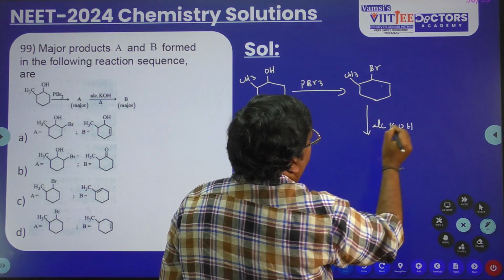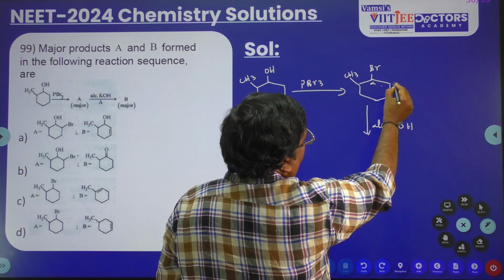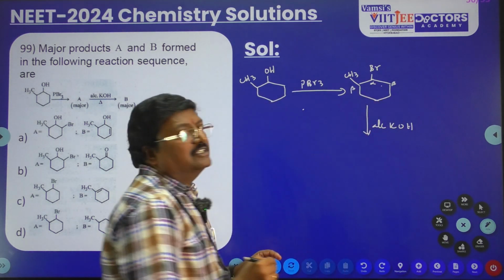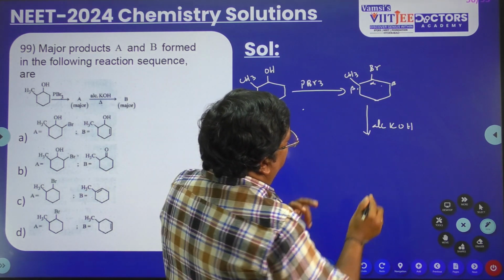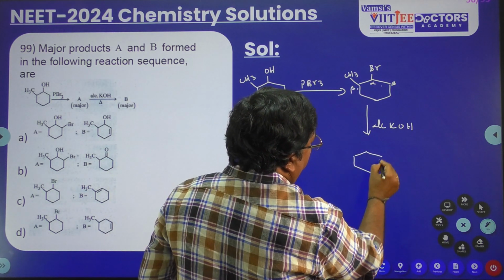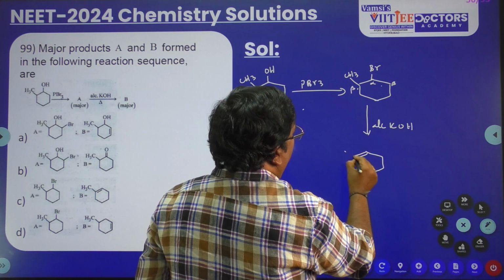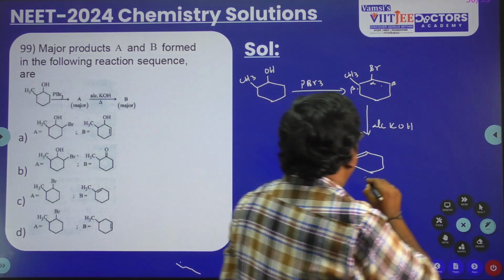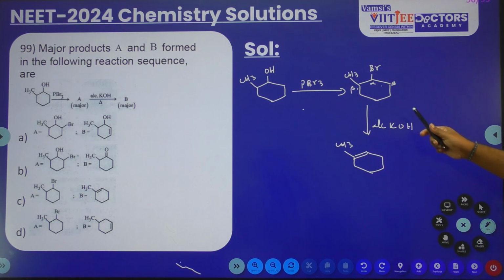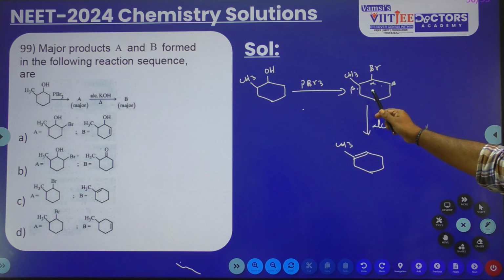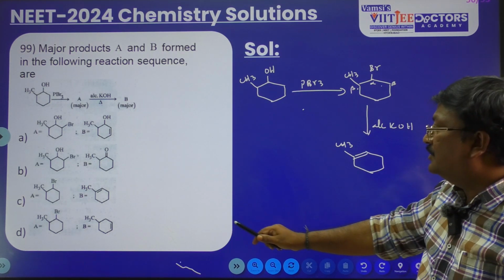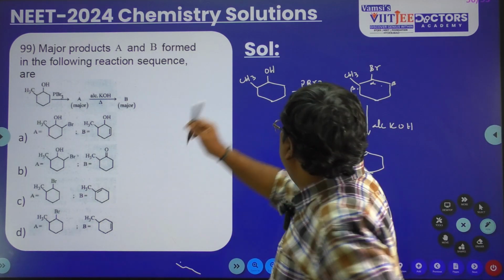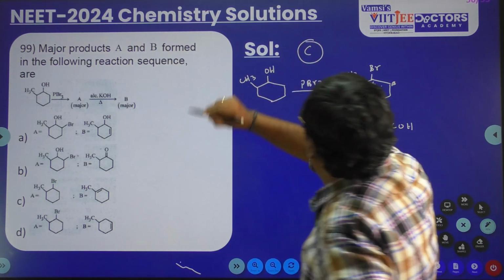This is the alpha carbon, and this is beta. We have to apply the Saytzeff rule, so hydrogen is eliminated from here. By that we get this product. These are the two options, A and B. We have to check where bromine is present. It is there in C and D also. Here alkene is formed, thus it is the C option.